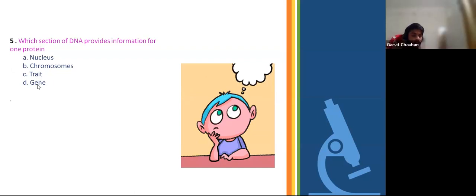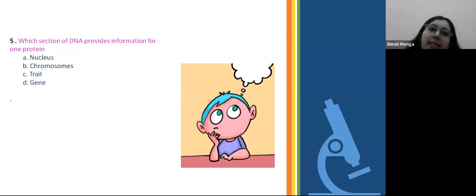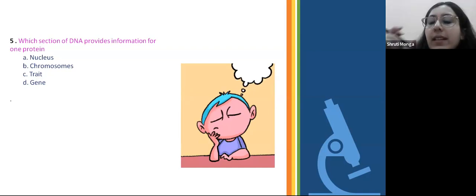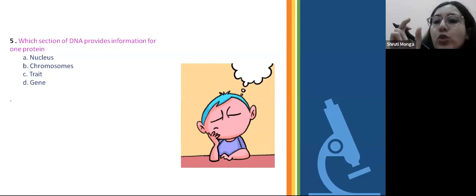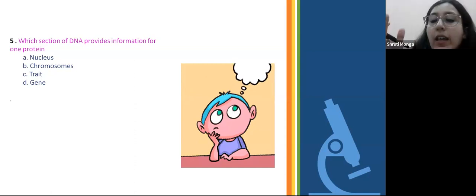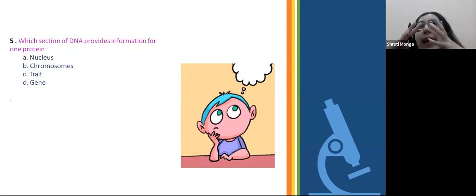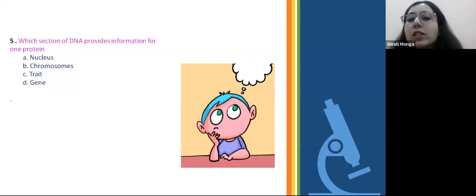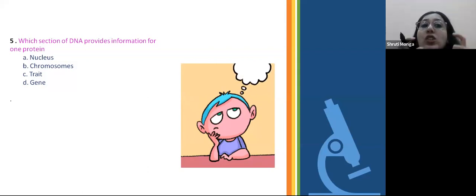Ma'am, what do they mean by information about one protein? Okay, see what happens. The DNA contains genes, right? Basically, a small portion of a DNA is known as a gene. So every gene is responsible for making proteins. So the meaning of this question is which section of DNA is actually responsible for making proteins.